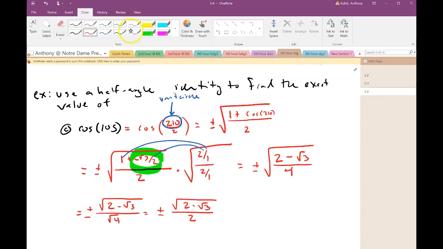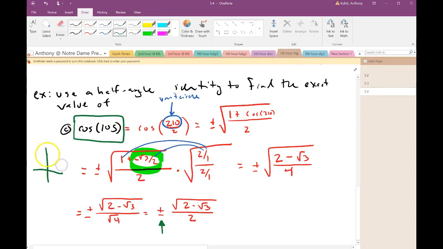Now all that's left is for me to decide whether I should have a positive one or a negative one. This is how I make that decision. I go back to the original problem, and I'm going to look at cosine of 105. 105 is in this quadrant, right? In this quadrant, is cosine positive or negative? So it's negative, so I want the negative.